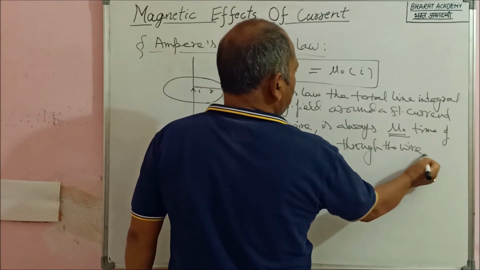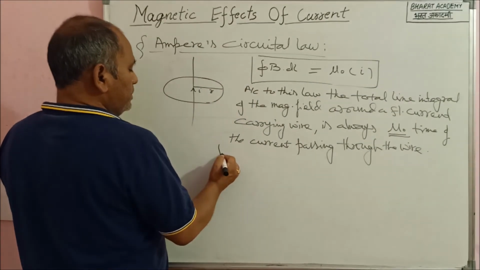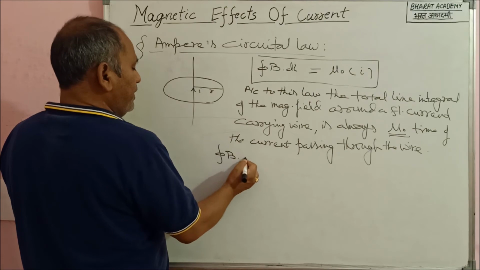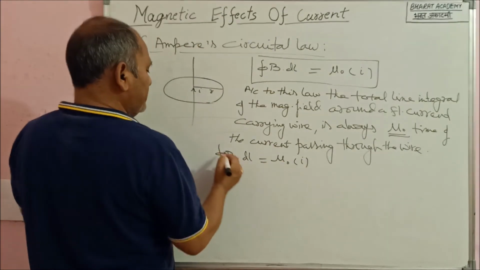This is known as Ampere's circuital law. The closed line integral of B dot dl is mu 0 times I, right?